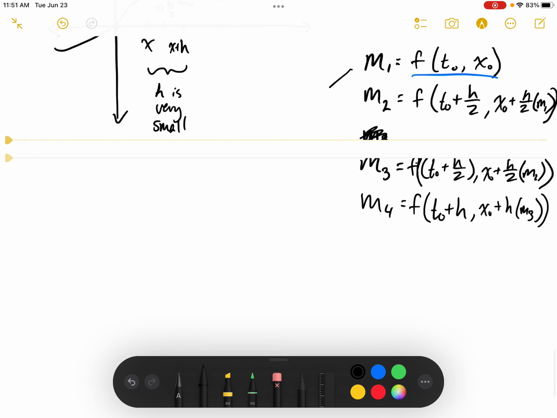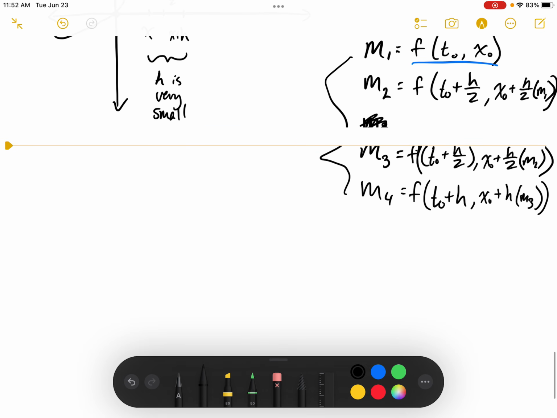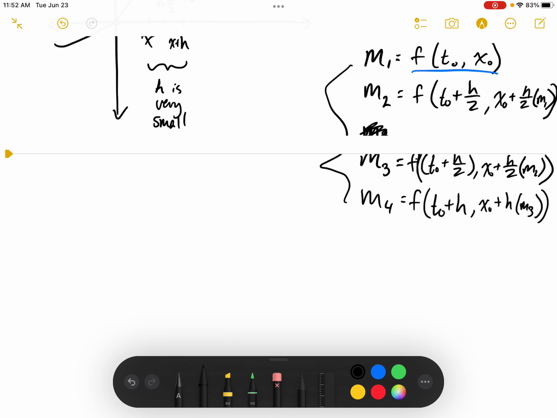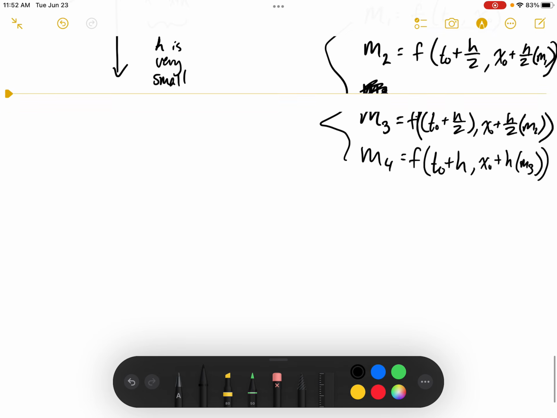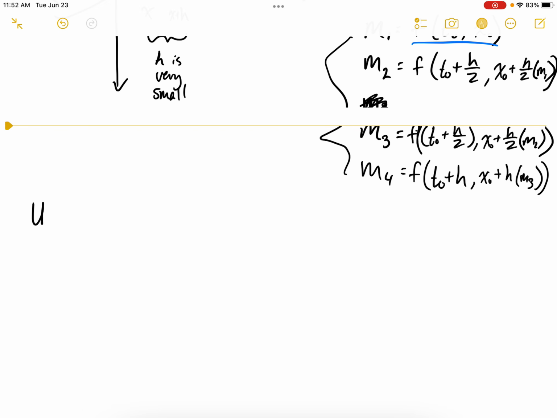So how do we reconcile all of these different slopes? Which one do we actually use? What we actually do, and again, this is all just for that one singular point right here, is use a weighted average.